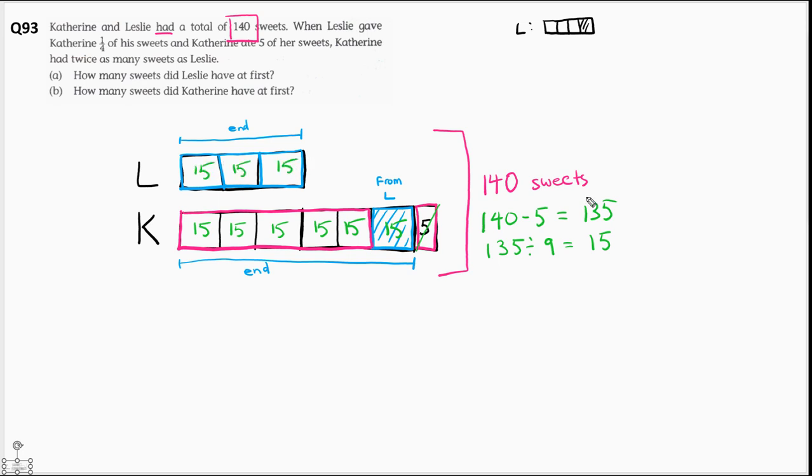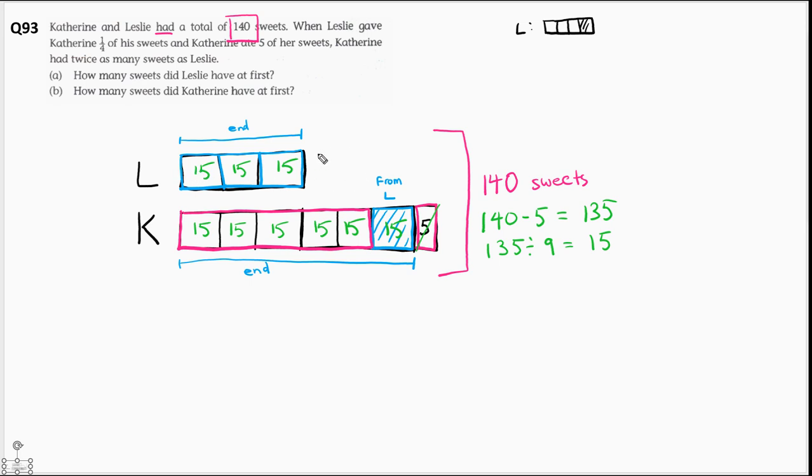Okay. Right. Let's go back to our question. We must have all of the information we need now. So let's go back. How many sweets did Leslie have at first? Okay, well, at first he had the 4 quarters. He had all of these 4 parts.